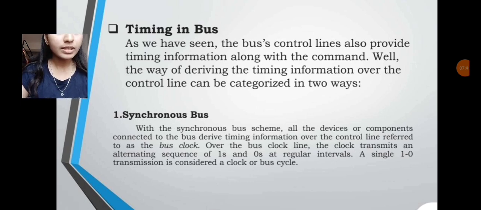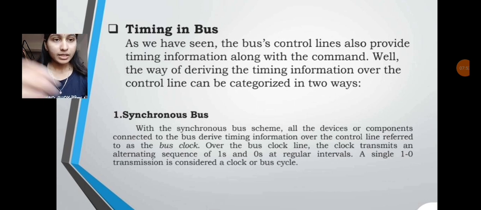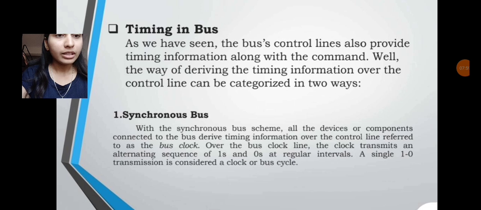With a synchronous bus scheme, all the devices or components connected to the bus derive timing information over the control line referred to as the bus clock. Over the bus clock line, the clock transmits an alternating sequence of 1s and 0s at regular intervals. A single 1 to 0 transmission is considered a clock or bus cycle. 1 and 0 indicate on or off.